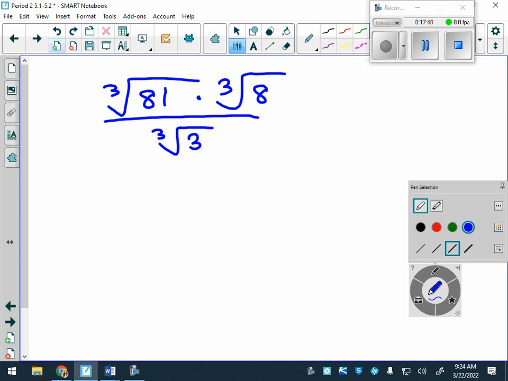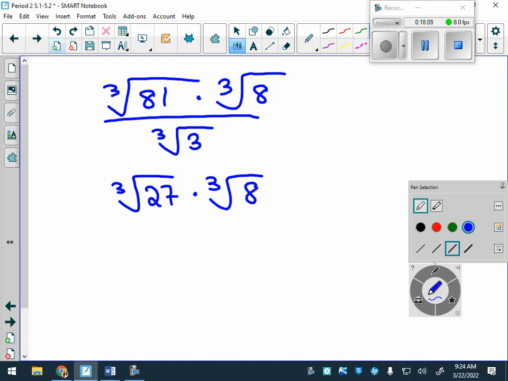So you could do this a bunch of different ways, okay? But since they both have the cube root, right? 81 divided by 3 is what? 27. So cube root of 27 is cube root of 8.